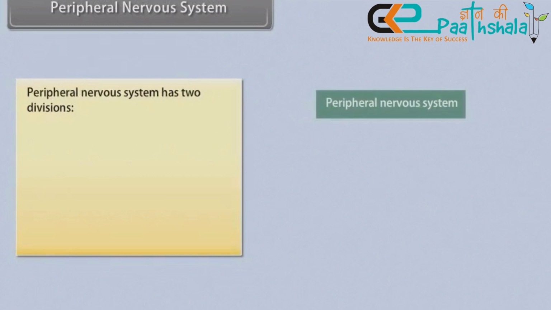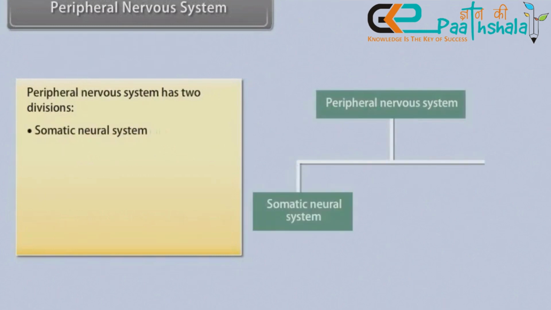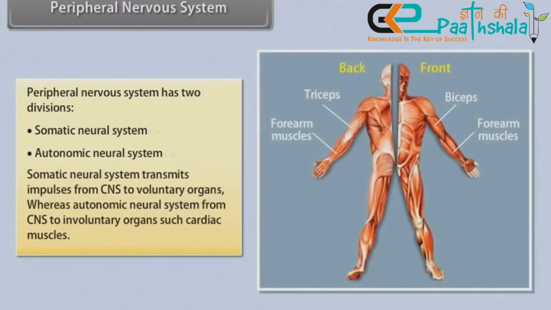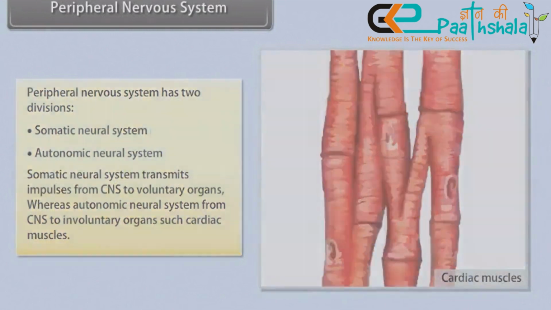Peripheral nervous system. Peripheral nervous system has two divisions, that are somatic neural system and autonomic neural system. Somatic neural system transmits impulses from CNS to voluntary organs, whereas autonomic neural system from CNS to involuntary organs such as cardiac muscles.